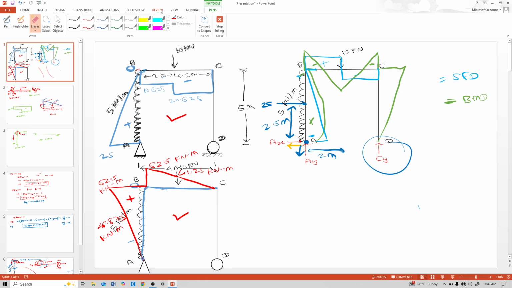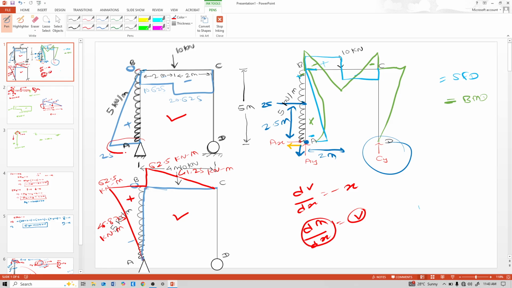So for that, remember dV by dx is equal to minus w, that means loading, and dM by dx is equal to V. So when V is maximum, then this slope is also maximum.